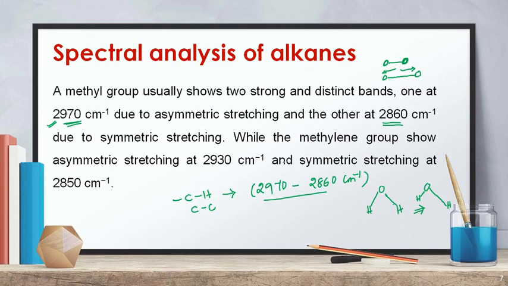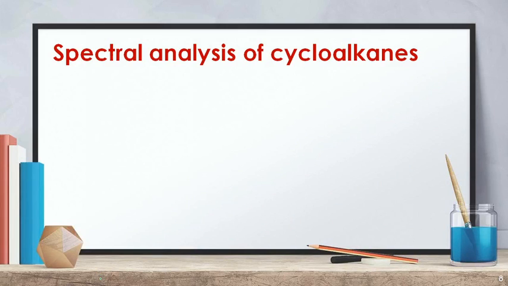If a methylene group is present, it can show asymmetrical stretching at 2930 and symmetrical stretching at 2850 centimeter inverse. So this is for the methyl group and this is for the methylene group. Depending upon the group present, we can find a particular value.